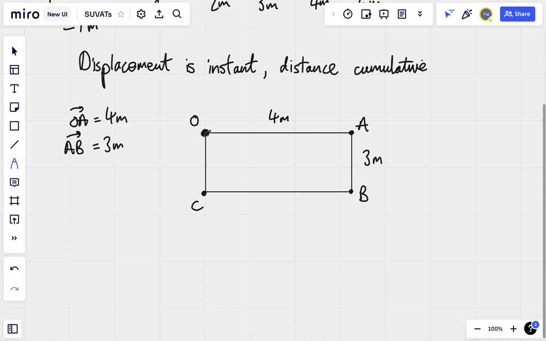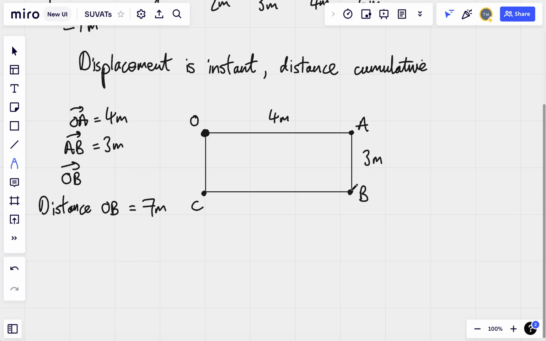So to get from O to B, you could tell me you have to go along 4 and down 3. So the distance from O to B equals 7. I think it's difficult to argue with that. You go along here and down that way.